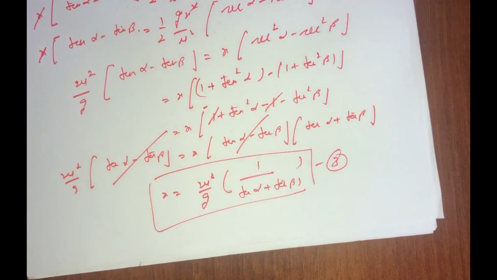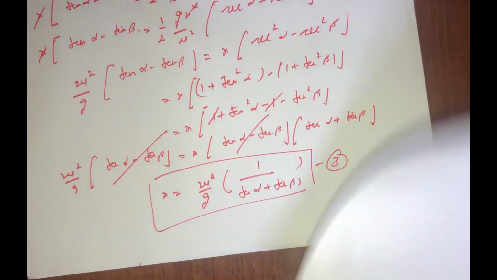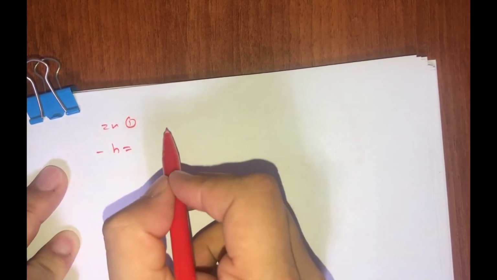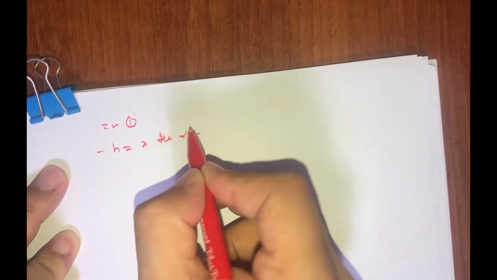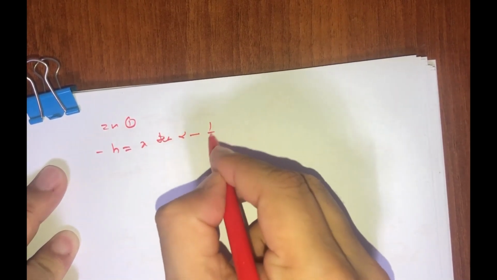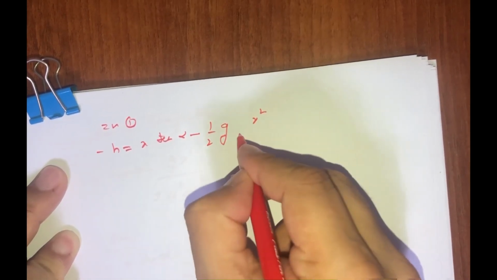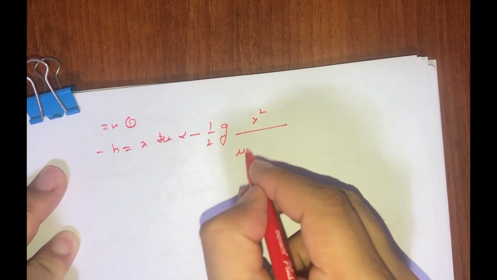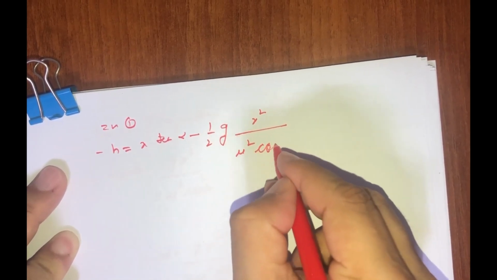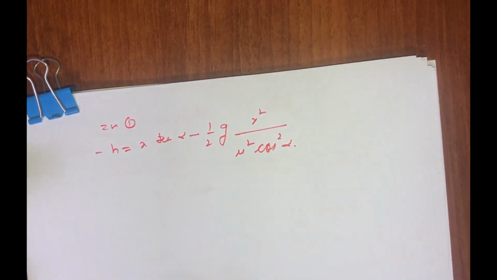You already know equation number 1. Equation 1 is given as minus h equals x tan alpha minus one half g x square divided by u square cos square alpha.